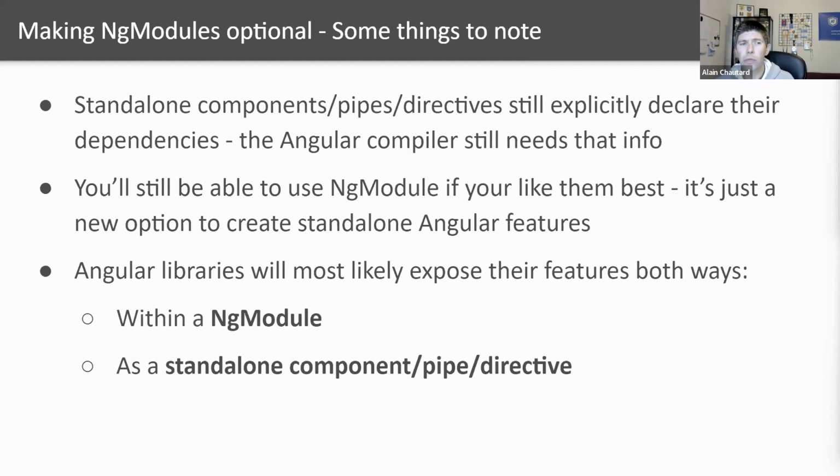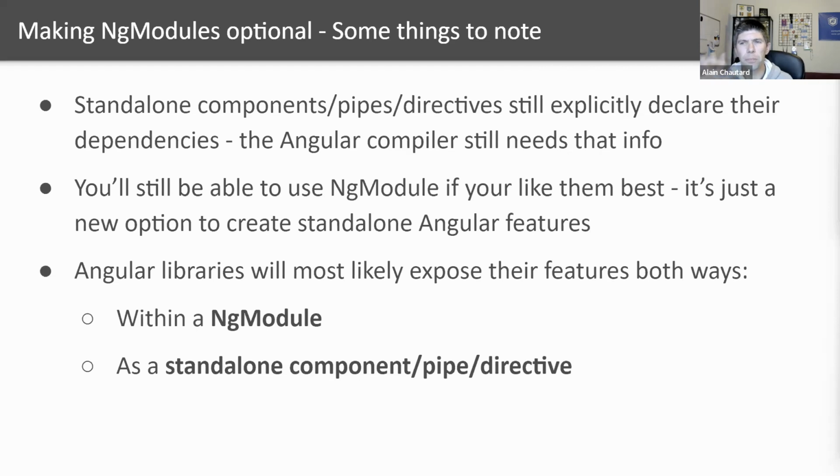So the idea with libraries is that most likely, if you're using an Angular library as a dependency, it's going to export its features in both ways. So both as an ngModule and as standalone elements. That way, if I want to use just one pipe from an open source library that I find, I could just import this guy from the web, maybe lazy load it even, who knows?